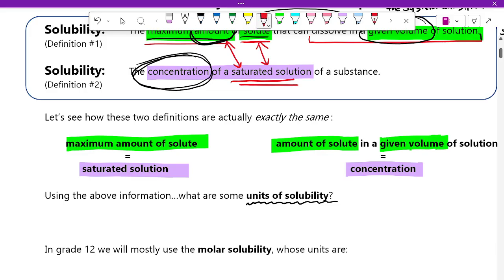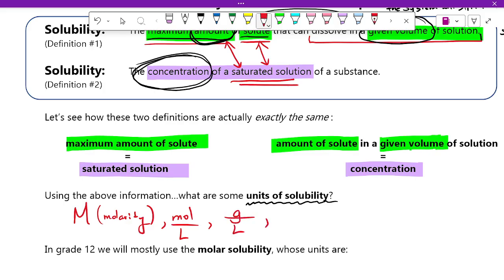Capital M, yes. How else could we write that? Moles per liter. What else could we use as a quantity, as an amount? We could use grams.